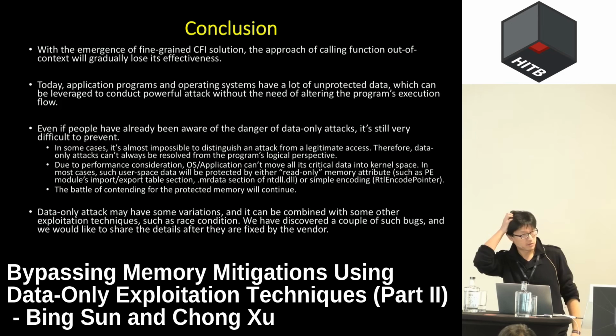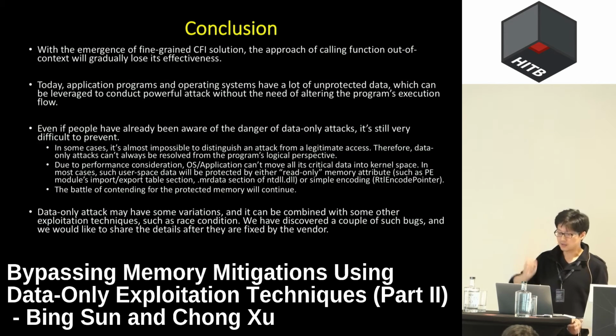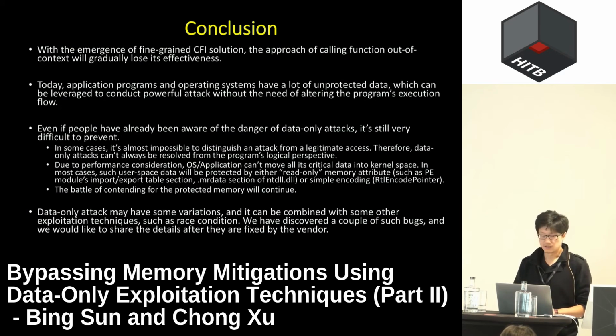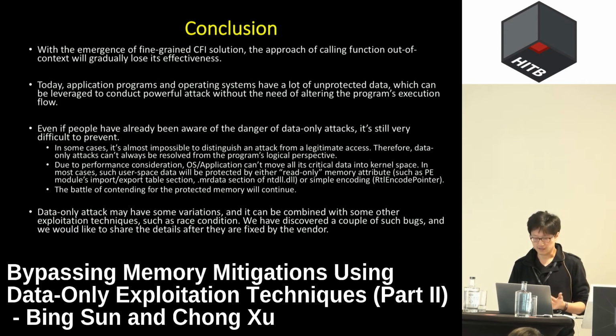At this point, we're pretty much done with our talk. Here are some takeaways. First, fine-grained CFI solutions will eventually defeat all kinds of control flow hijacking, including the one we talked about, calling a function out of context. Second, today there is still a lot of unprotected data.